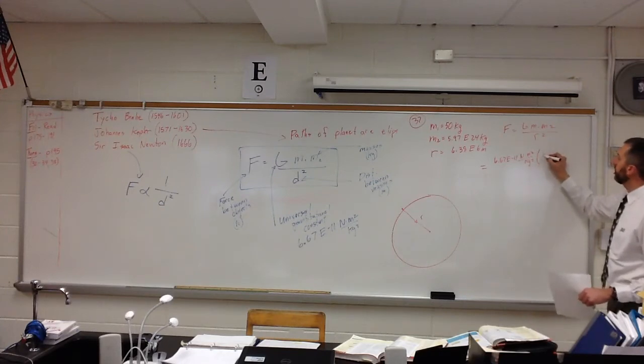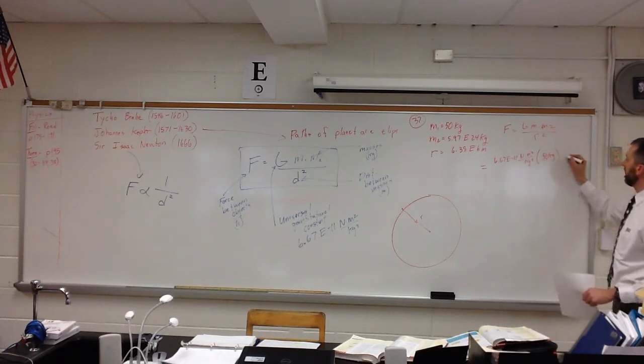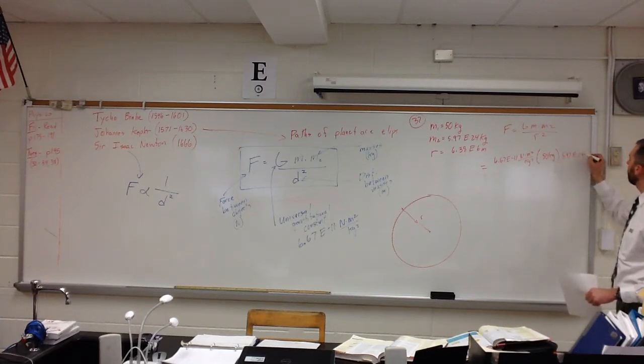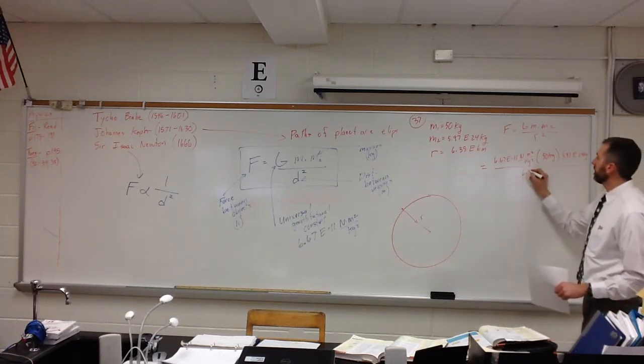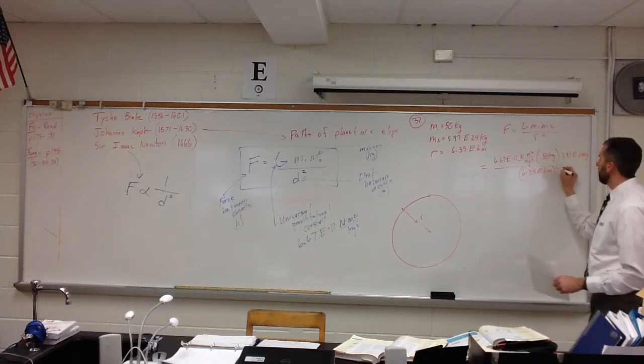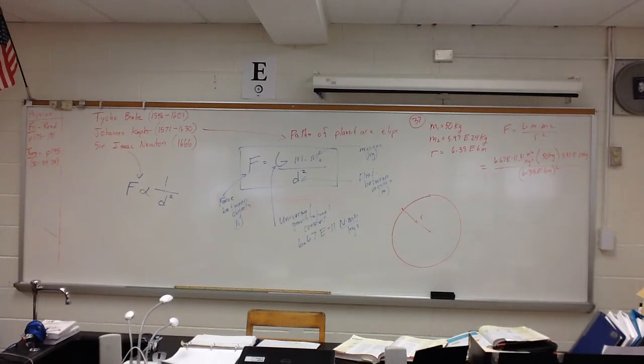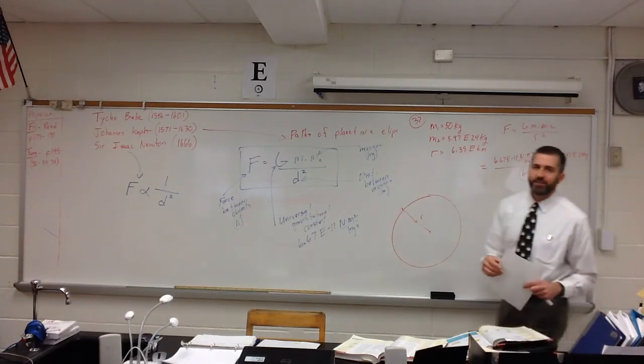The mass of you, 50 kilograms. The mass of the Earth, 5.97 e24 kilograms. All over 6.38 e6 meters. Now here's where a lot of physics students stumble, trip, and make a mistake.